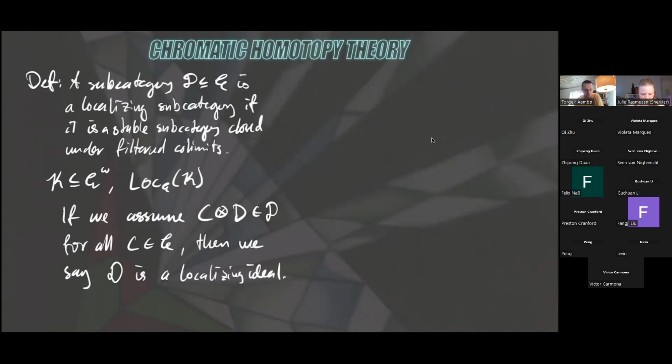Okay, so the question, or chromatic homotopy theory, kind of arises out of the question of what are the minimal localizing subcategories of the category of spectra. We say a localizing subcategory D is minimal if it has no localizing subcategories itself.